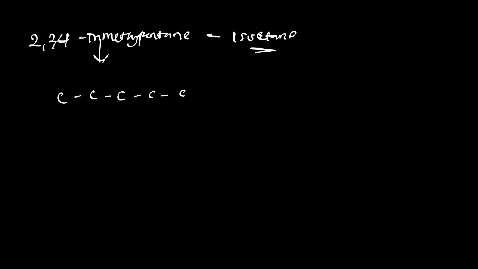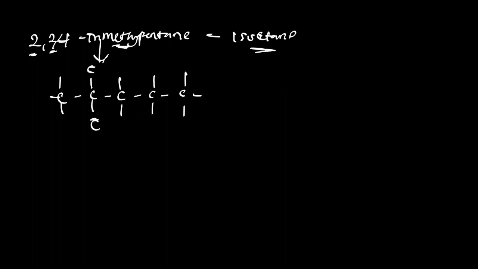Okay, so from here, let's draw it. 1, 2, 3, 4, 5. If you don't know how I arrive at this structure, where I'm writing out 5 carbons, you don't need to worry yourself. I'll explain it in subsequent sessions. Now 2,2 methyl.